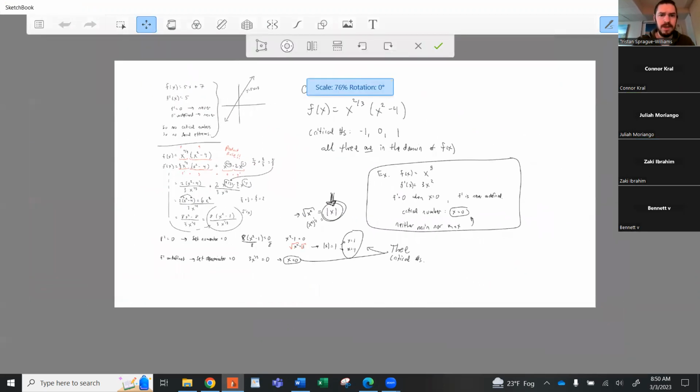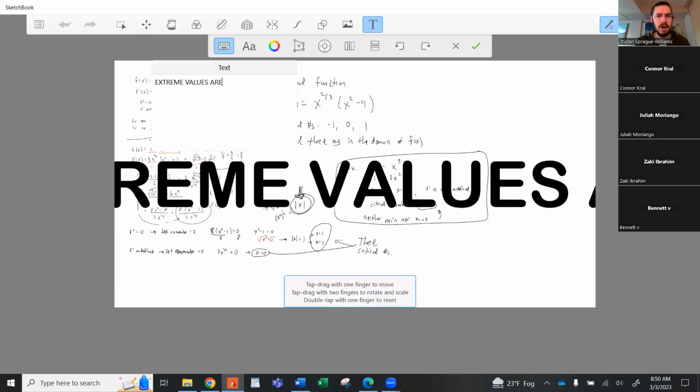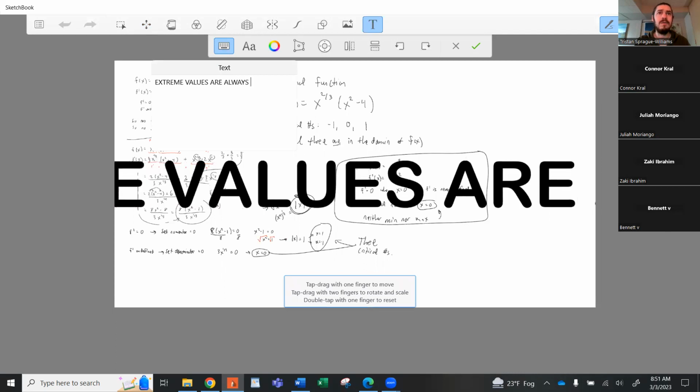So here is the takeaway from that. In all caps, extreme values are always critical numbers.